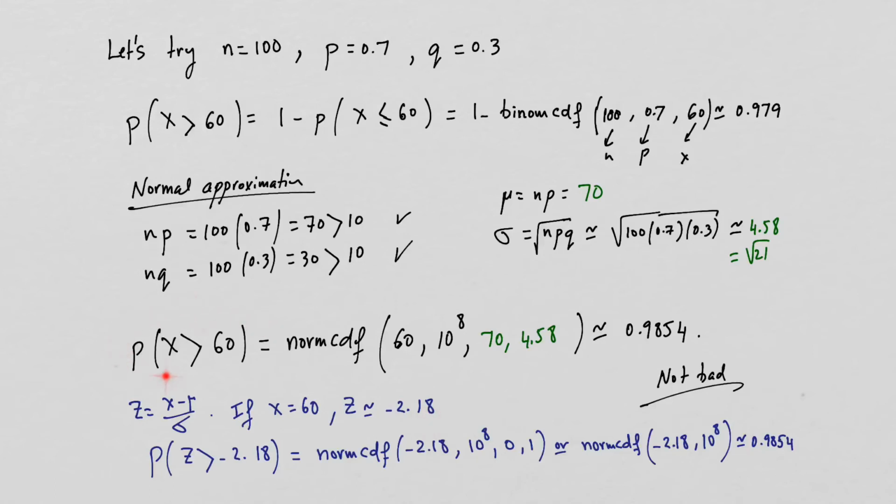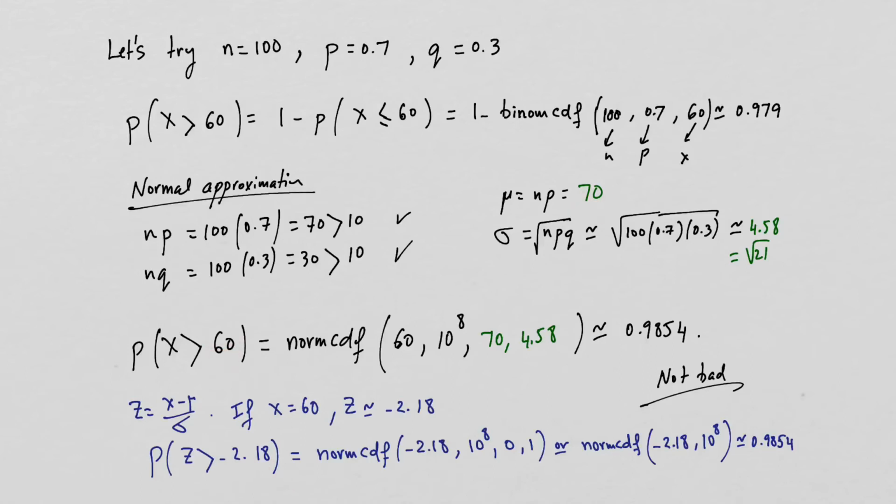So this question is precisely this question. The probability that x is more than 60 is the same thing as saying the probability that z is more than negative 2.18.